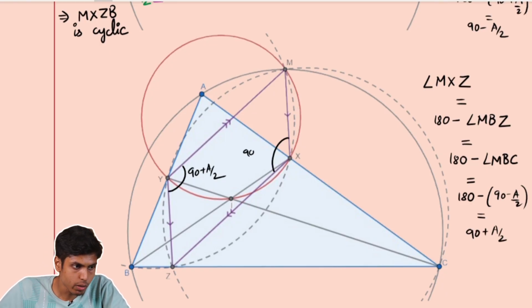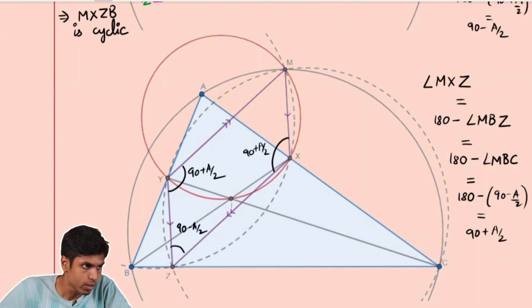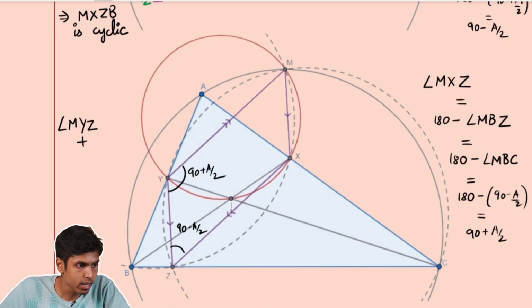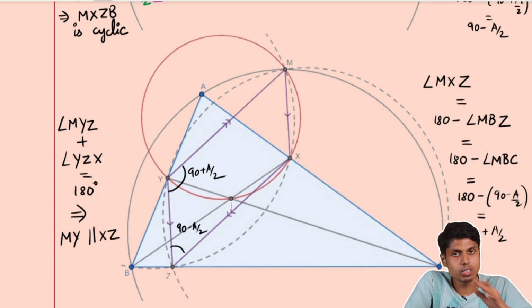So this is 90 plus A/2, and therefore angle XZY is 90 minus A/2. Now that's it. You could see that angle MYZ plus angle YZX equals 180, and this renders the lines MY and XZ parallel.